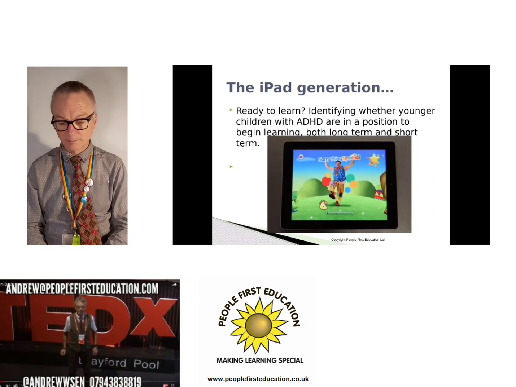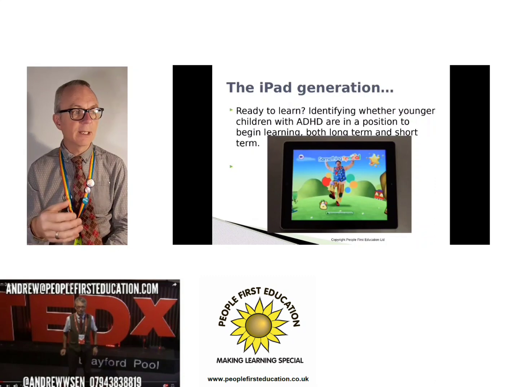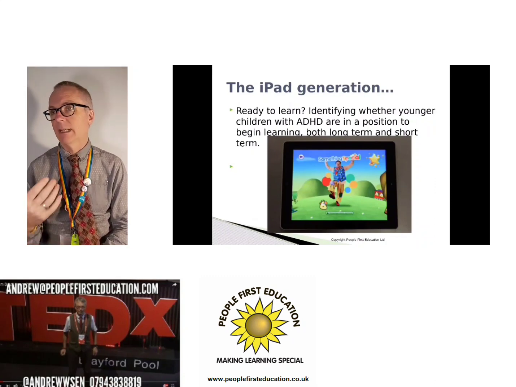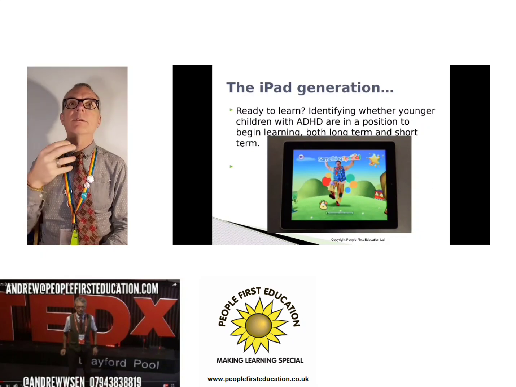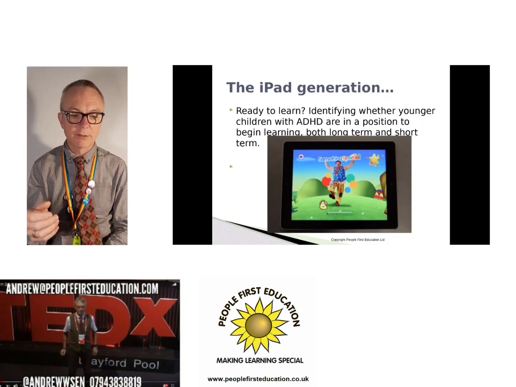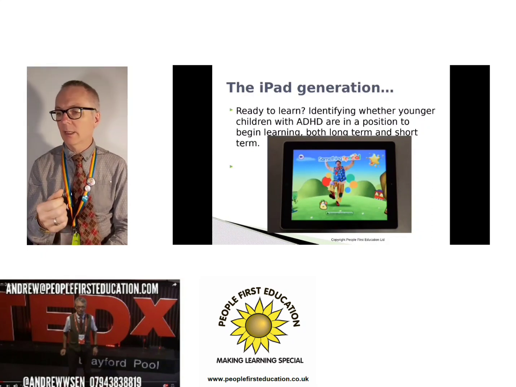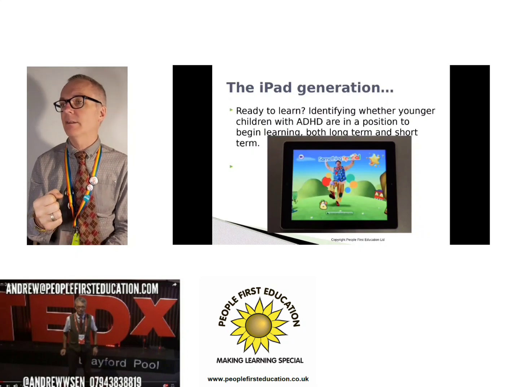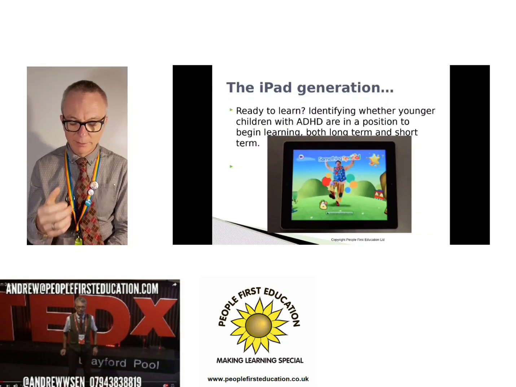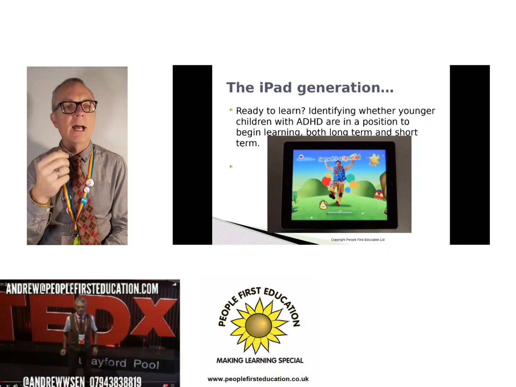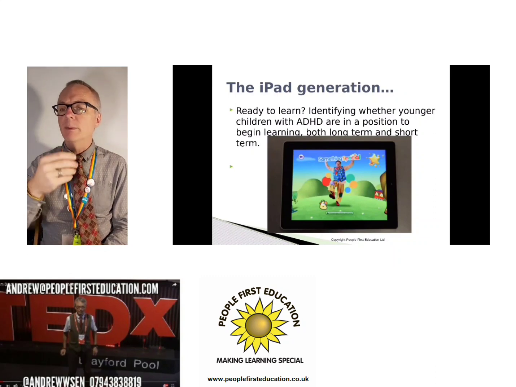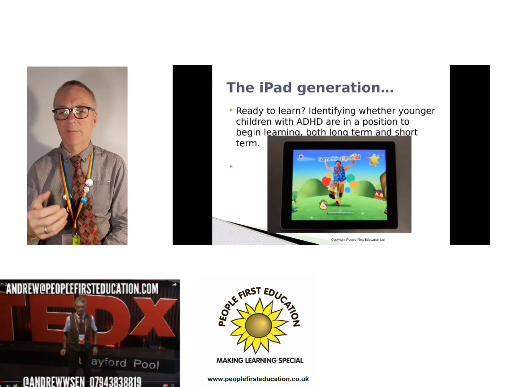And so they may not have a diagnosis, but they clearly are presenting as ADHD. Now, this has got some serious considerations. Number one is, according to the Special Educational Needs and Disability Codes of Practice, from the age of 0 to 25, we have to put the interventions in for people who present as may having a condition.